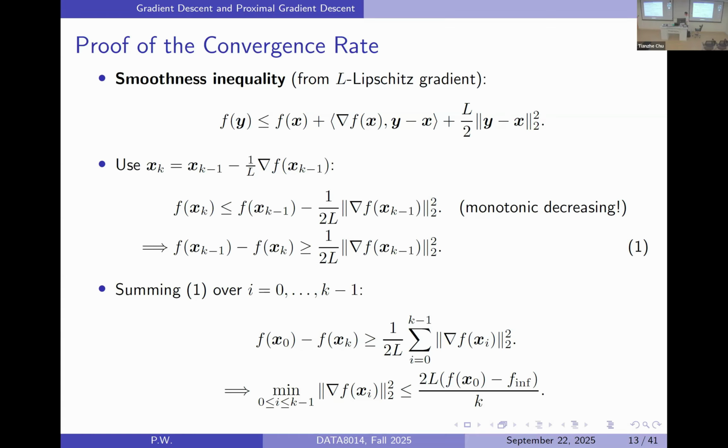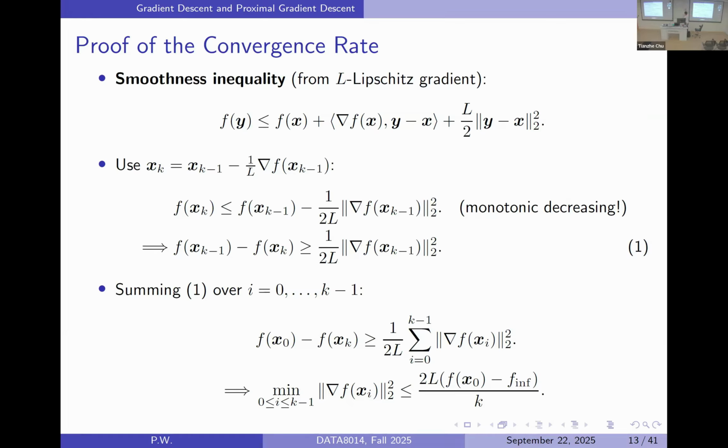Okay. And then we can use the Lipschitz. Can you see? You guys can see. And use the Lipschitz continuous gradient here, right?